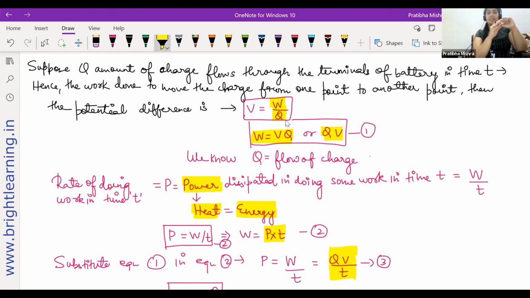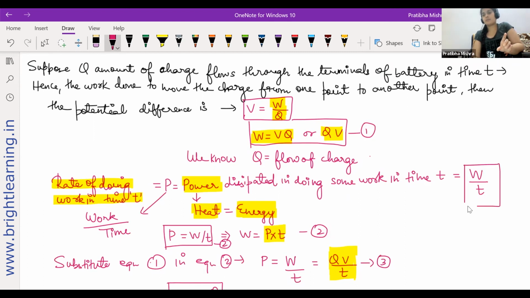Power is the rate of doing work, or the work done in some time T. Power is work by time, which is W by T here.